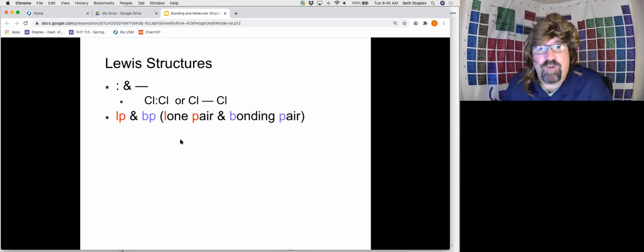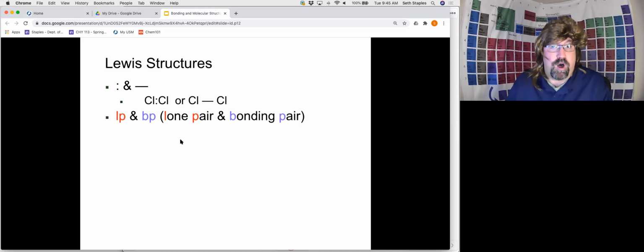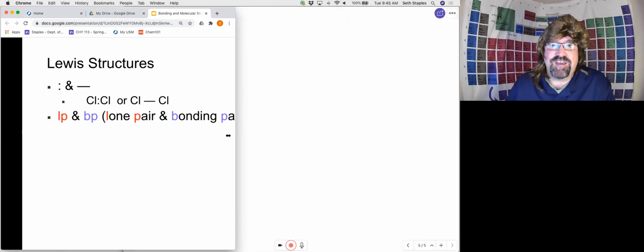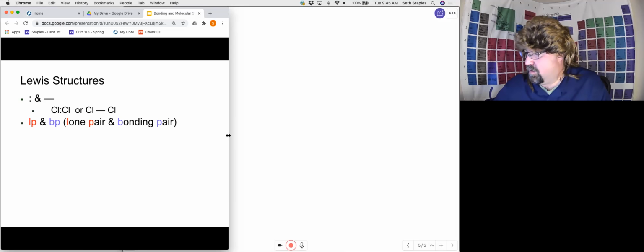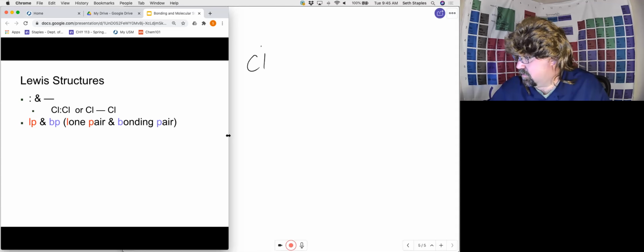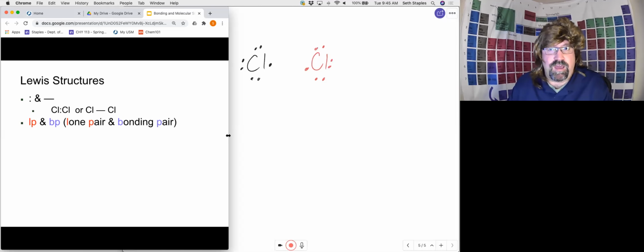We're also going to look at what we call lone pairs and bonding pairs. So let's look more closely at that Cl-Cl bond. If we draw out, there's our Lewis dot structure for one chlorine. Go ahead and draw on the other chlorine. There's the other chlorine atom.